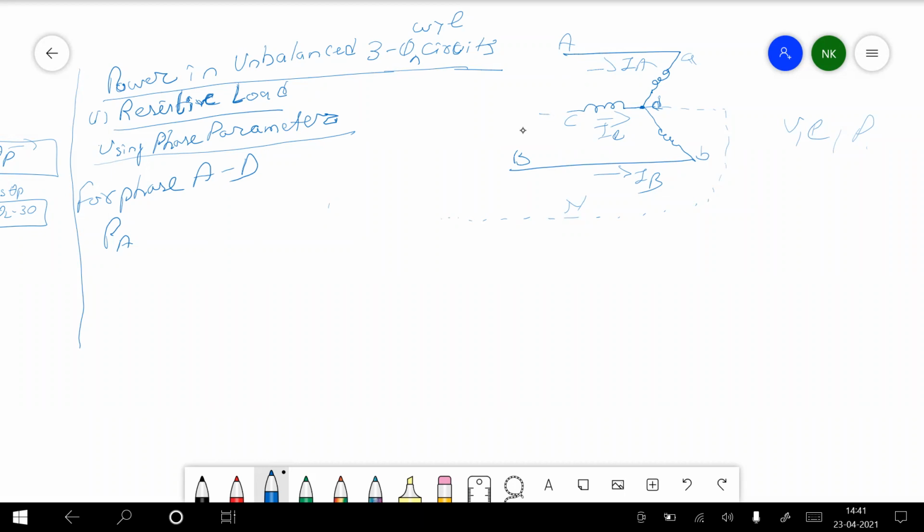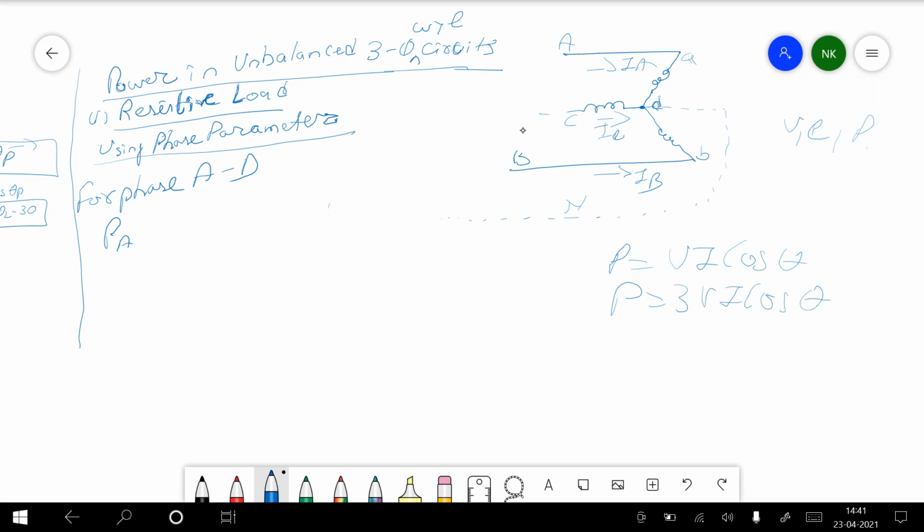In balanced condition, for one phase our equation is VI cos theta. Whereas all are in balanced condition, so we are adding all three, so it will be 3 VI cos theta.